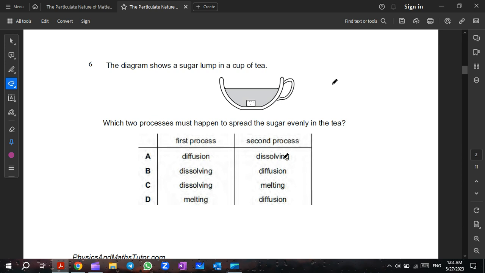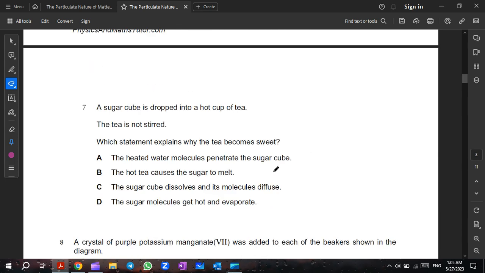Well, I think the first process should be diffusion and then dissolving. I'm not really sure for this one, but then let's go with A. Wait, let's look over it again. First, the sugar molecules. Wait, no. Yes, the sugar molecules will first have to dissolve before they will diffuse. So I think let's go with B. So dissolving and then diffusion.